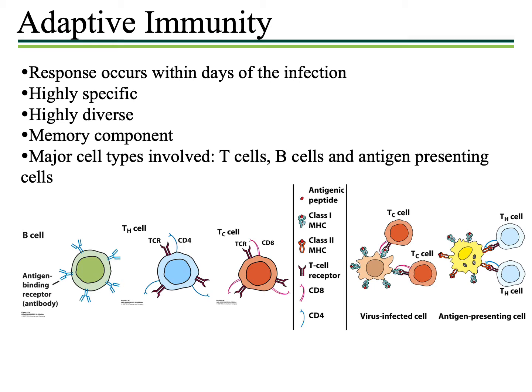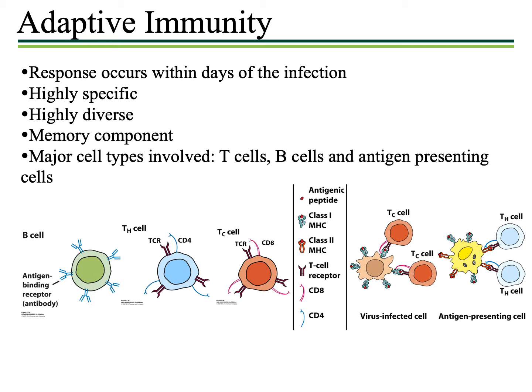The response in the adaptive system is highly specific, meaning that molecular differences in structure can in fact be detected, and the specificity allows for detection of pathogens at the species level. It is also highly diverse, meaning that there are a large number of receptors involved in the detection at the species level of potential pathogens.